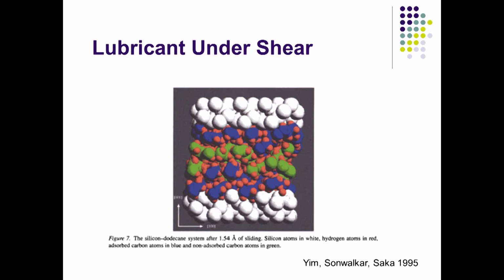This is 1.54 angstrom sliding. The way we shear it is, once they get absorbed after equilibration, which you saw in the previous slide, we move it by 1.54 angstrom. Slowly moving, we look at where the stress and strain develop in this shear layer.